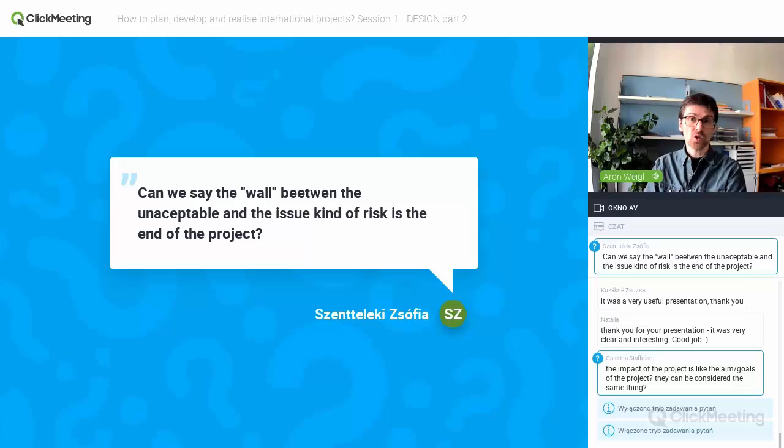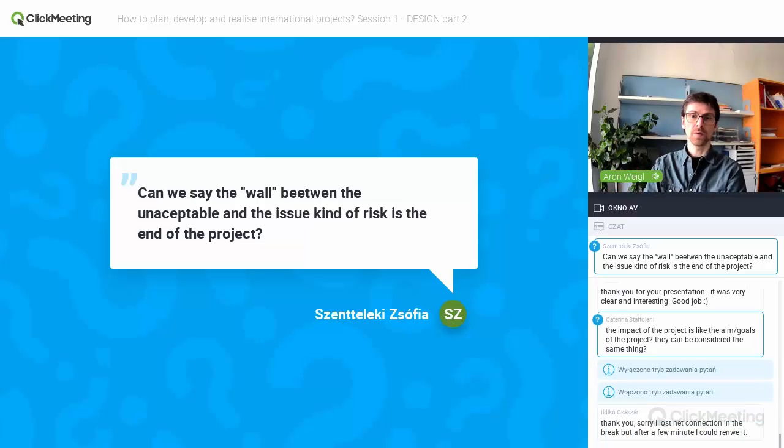It could be major because you have to change the way of how you do it, probably even the contents. That is a possibility already in the design phase, that you think about how you have to adapt your project so that we do not have unacceptable kinds of risks.